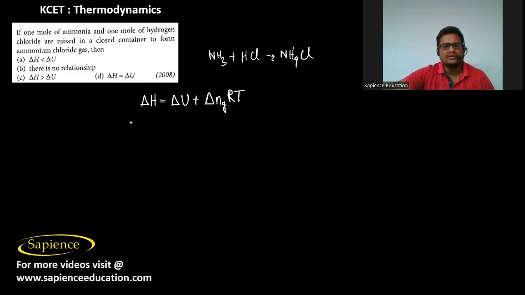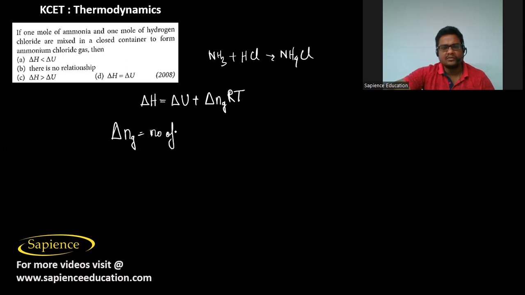So here we have to find delta Ng, that is the number of moles of the gaseous products minus the number of moles of gaseous reactants. So delta Ng is the change in the number of moles of the gas.